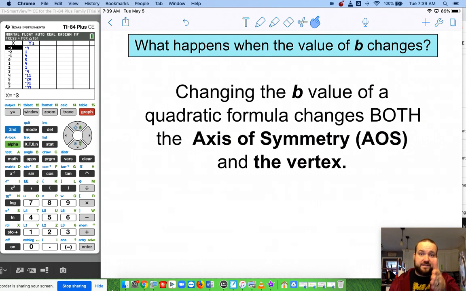That line of symmetry, or sometimes called the axis of symmetry, was always right down the y-axis. It cut the graph in half right down the middle. If you change the b value, that's what we're going to see today, it not only changes the vertex, but it also changes the axis of symmetry in kind of a weird way. So that's why we saved the b value for last, because it changes the most stuff.